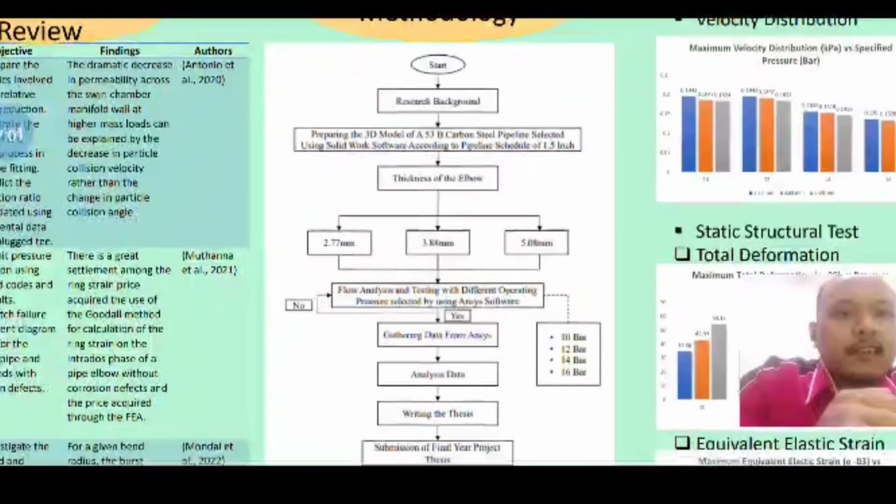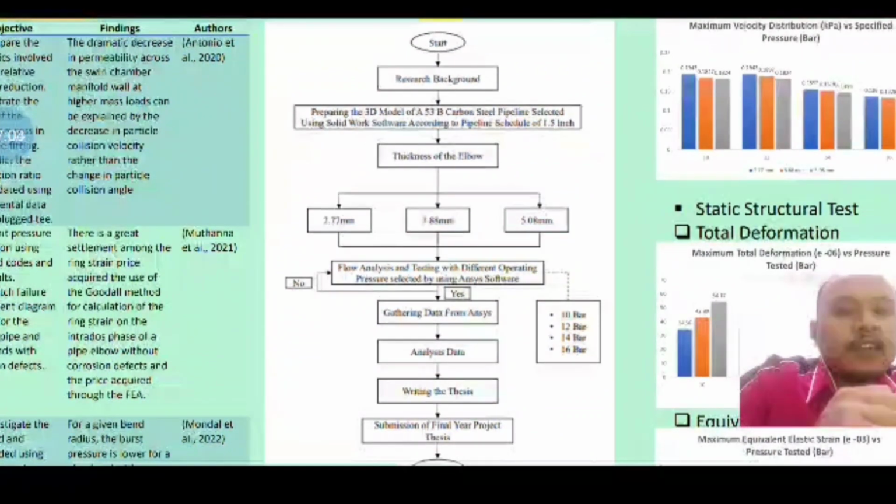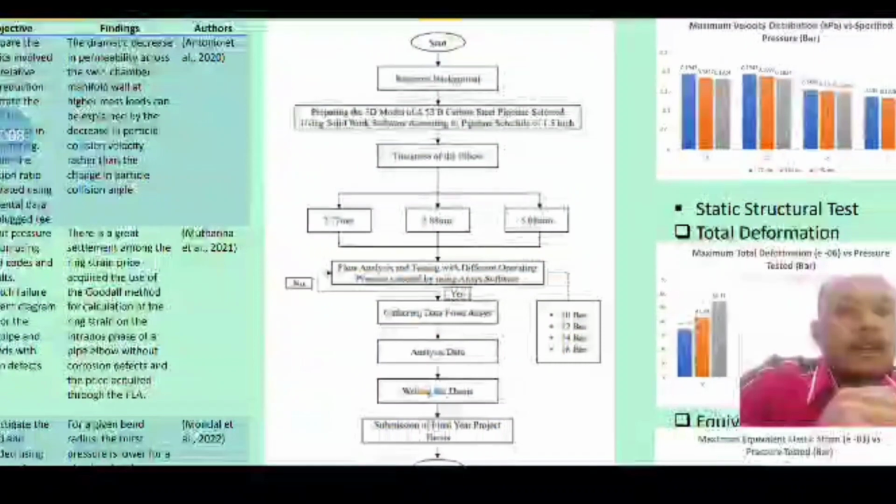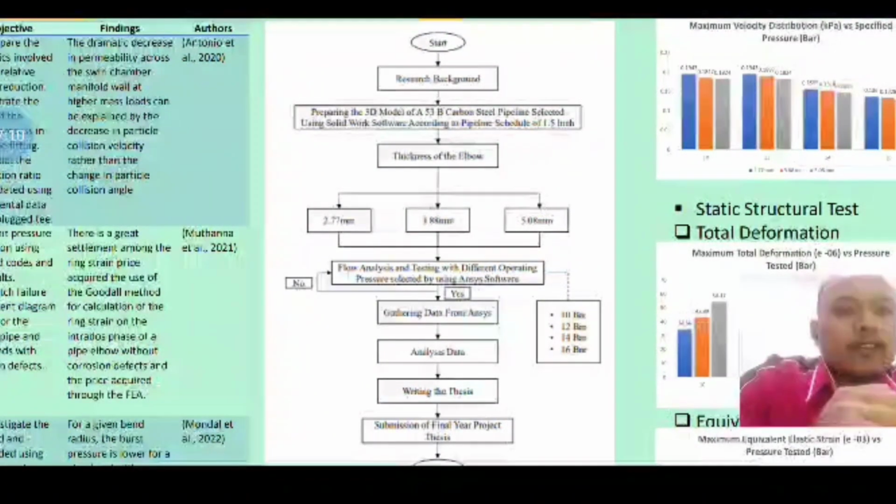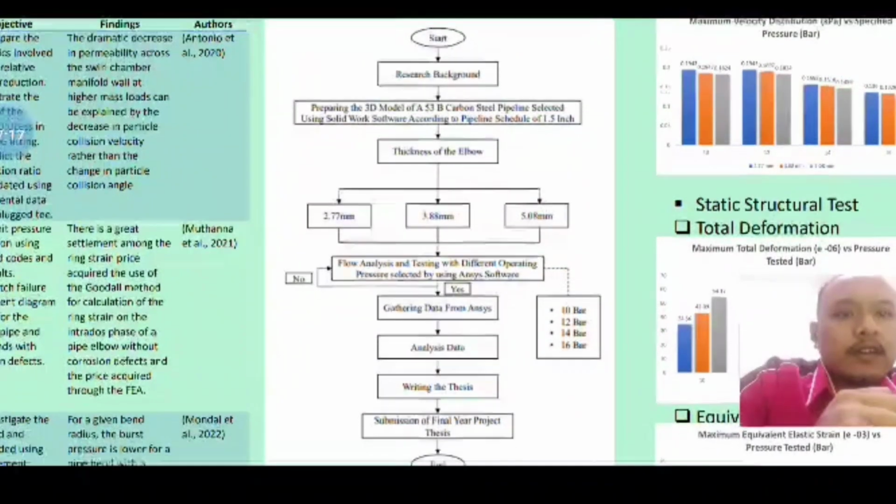Then I set the drawing with 3 different wall thicknesses: the first one is 2.77 mm, the second one is 3.68 mm, and the last one is 5.8 mm.